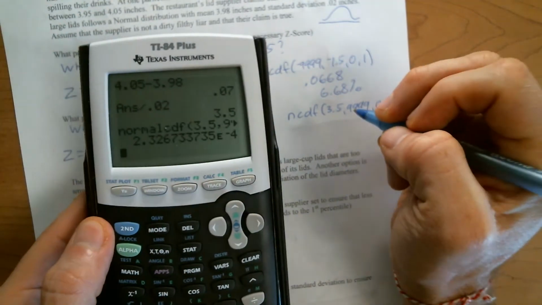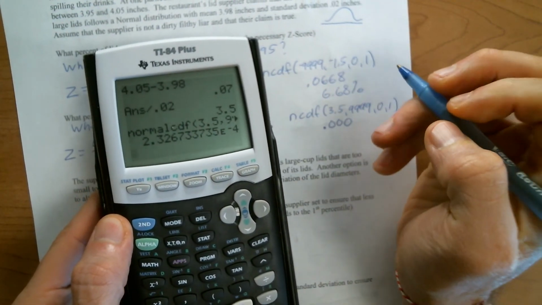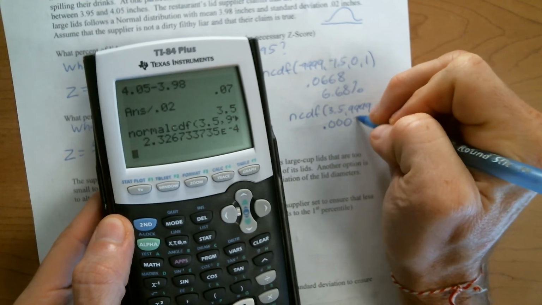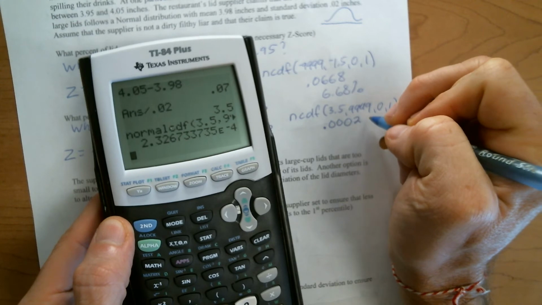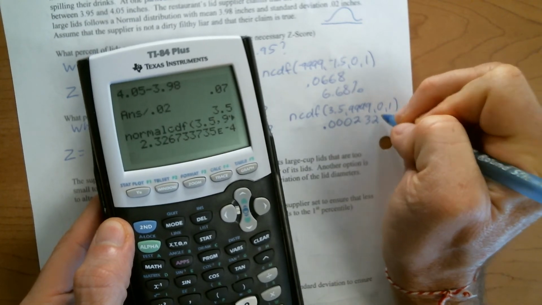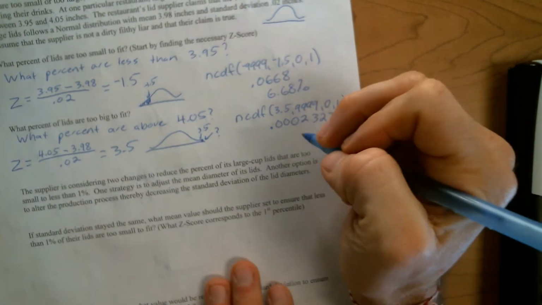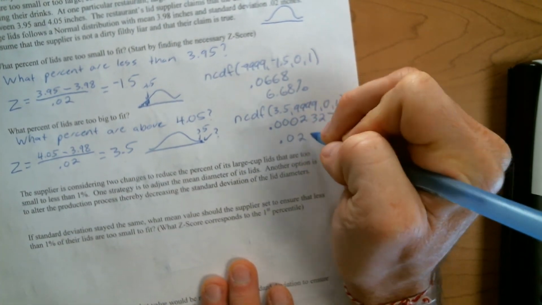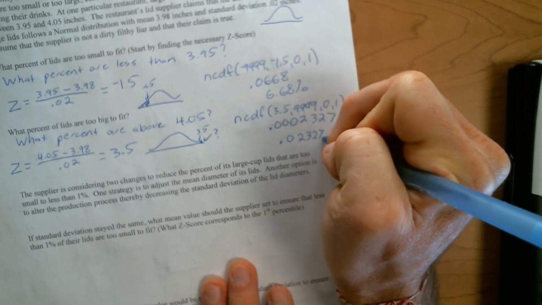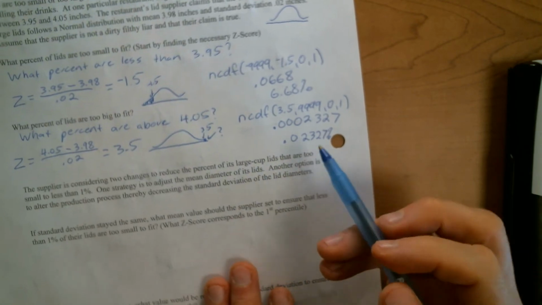So that's 0.0002327, or as a percent, 0.02327%. So a really tiny number there.